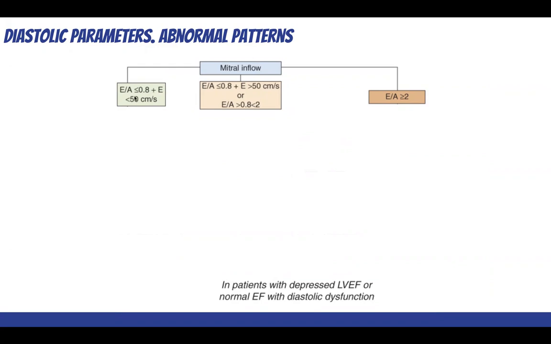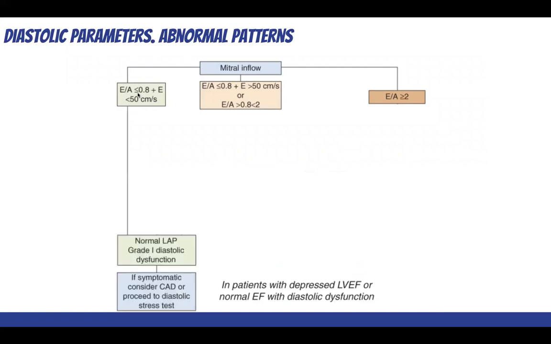One is if E to A is less than 0.8 and E is less than 50, this is grade 1 diastolic dysfunction. And if you have E to A more than 2, this is most likely grade 3 diastolic dysfunction. There's a little caveat which I'll go into later, but for the most part, if your E to A is more than 2, then it's grade 3 diastolic dysfunction. Everything else is in between.